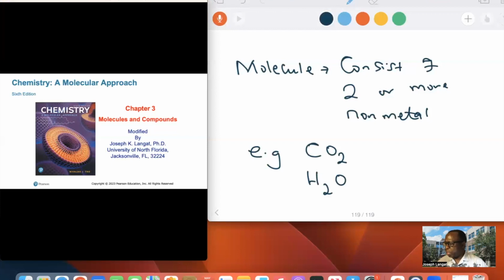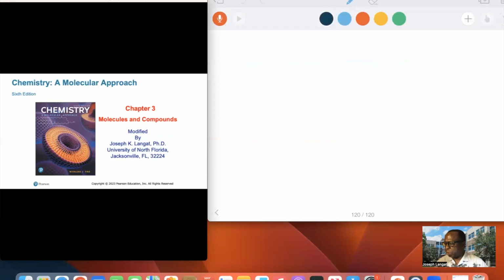In parallel to this, I want to explain what is meant by formula unit. This is made up of a metal plus a non-metal. The fundamental unit of a substance or a compound consisting of a metal and a non-metal is called a formula unit.